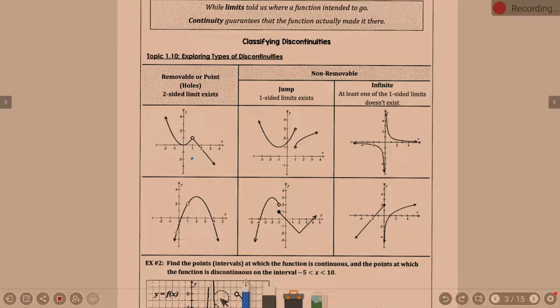This hole right here, but the point could be defined elsewhere, which is what I was trying to show by drawing a point there. It wouldn't have to. It works either way, whether it's a hole or what I call a removed hole, when just the piece is elsewhere. So, okay, jump continuity.